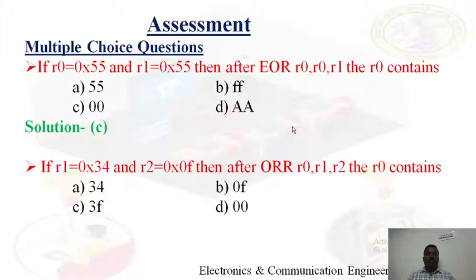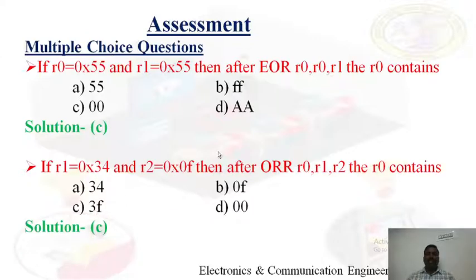Let us see the next example. If R1 equals 0x34 and R2 equals 0x0F, then after the ORR operation, what will be the content of R0? Just think of it. You write the values here, 34 and 0F, then perform the OR operation. The result is C, that is 3F.